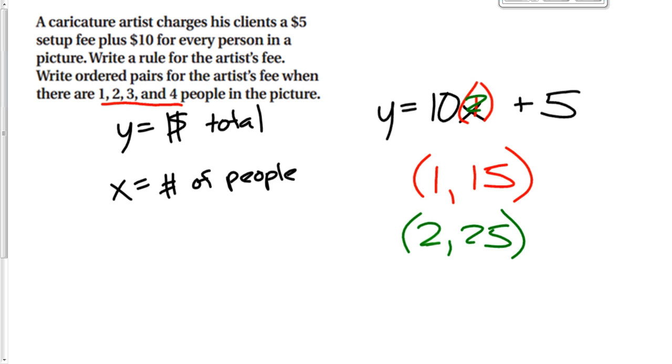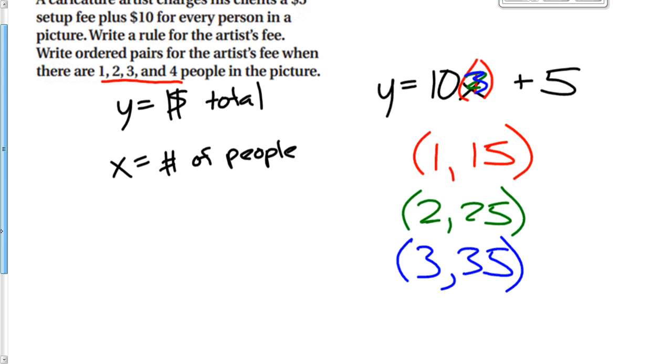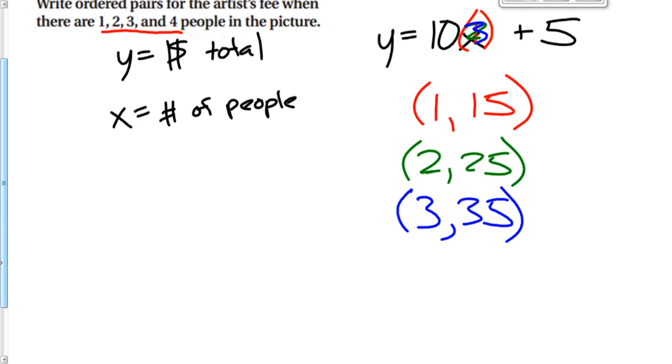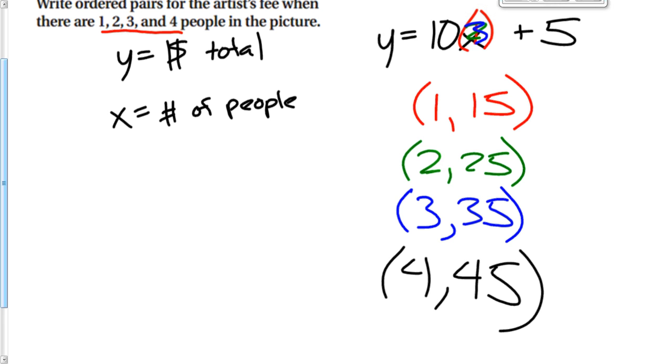All right, if we have 3 people, we're going to put 3 in here for x for the input. 10 times 3 is 30, plus 5 is 35. And you should start to see a trend here. Every person we add, the price will go up $10. And that's eventually where we're going to start talking about slope and things like that. We're not quite there yet. So if we have 4 people, then it's going to be $45. And then we have points.